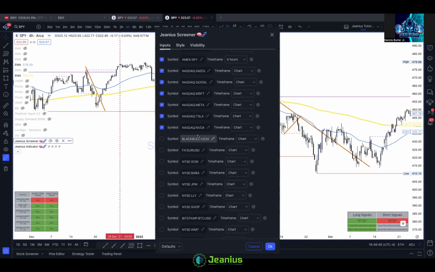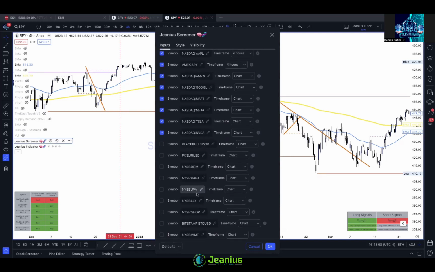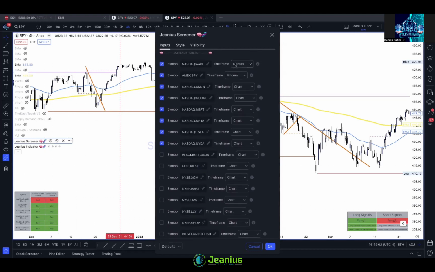Let's say you wanted to add another SPY and Amazon, and you add in these same 8 tickers right below here, and let's say you wanted them to focus on the specific chart that you're on, but you also want them to focus on the structural chart that you're really focused on, and not on a smaller time frame where you're getting false signals against the trend that you're actually focused on.